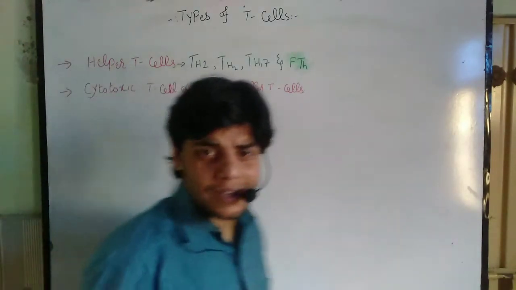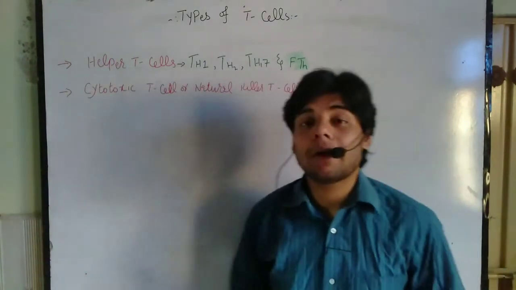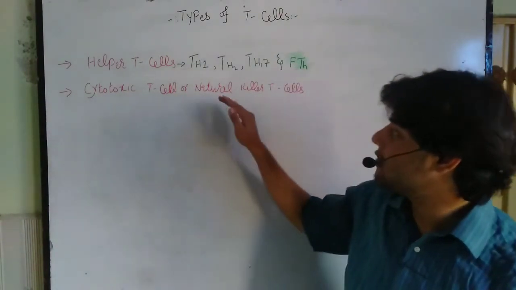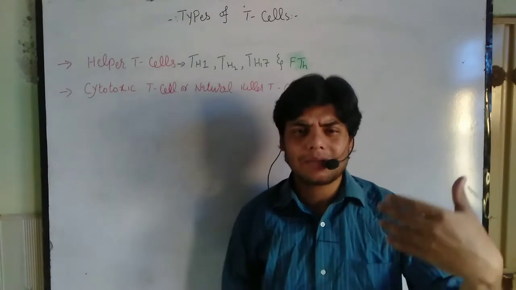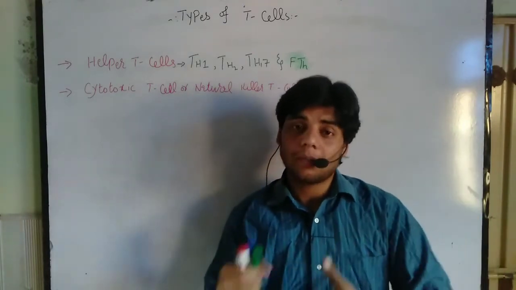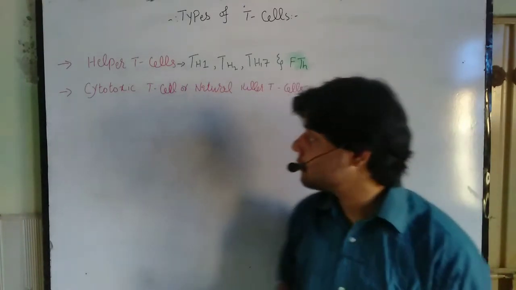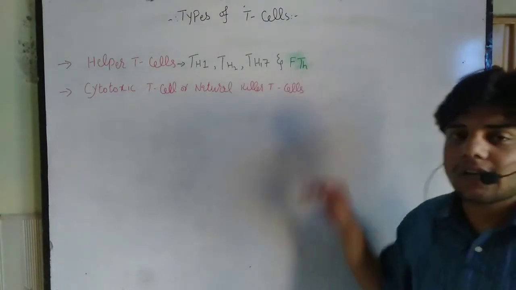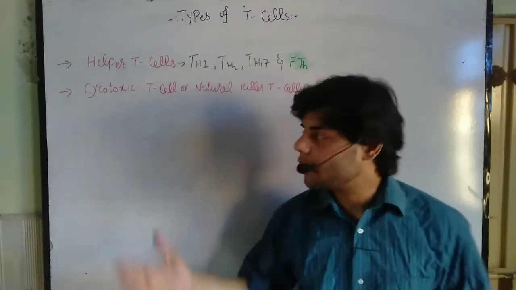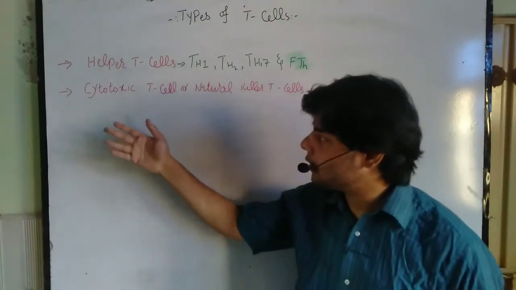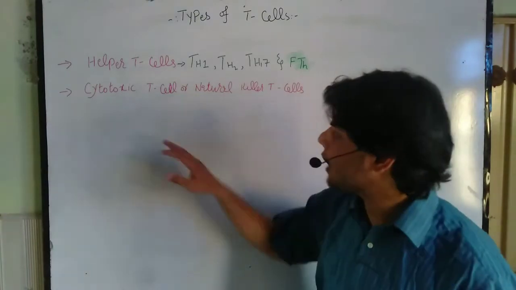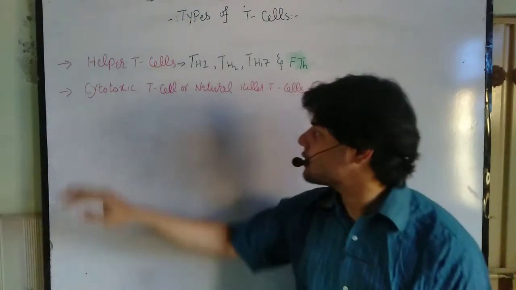In some cases both are the same, but in some cases both are different. Cytotoxic T cell and natural killer T cell are sometimes the same cells and sometimes different cells. First of all, I already explained the natural killer T cells in detail. You can go back and watch it. After the helper T cell, we will explain the cytotoxic T cell in detail. But let me tell you a little bit about that.